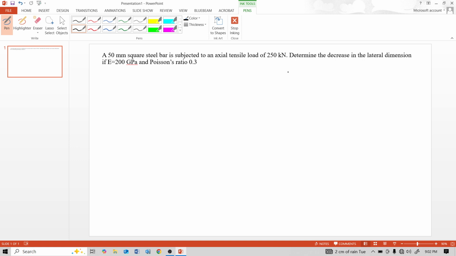50 square steel bar. Diagram for that square steel bar.